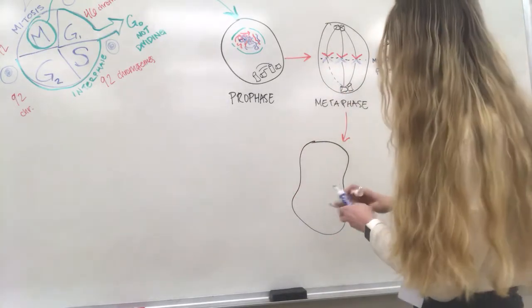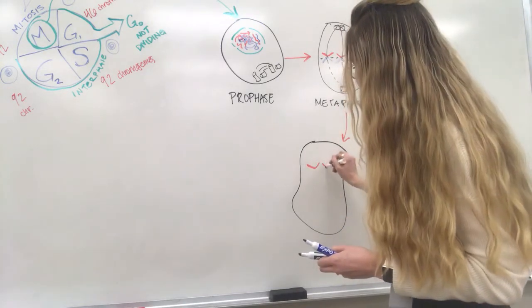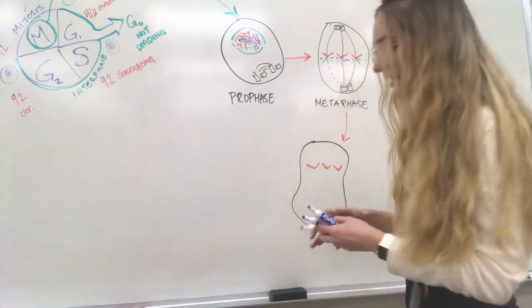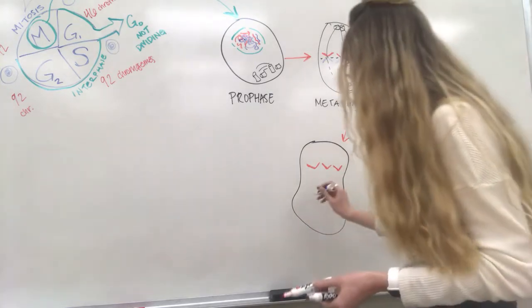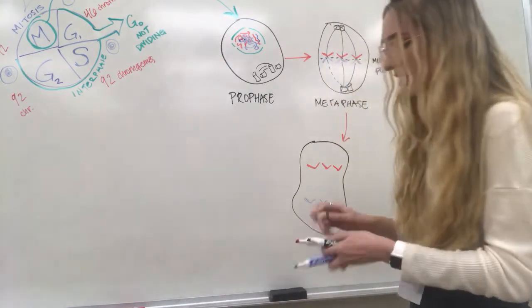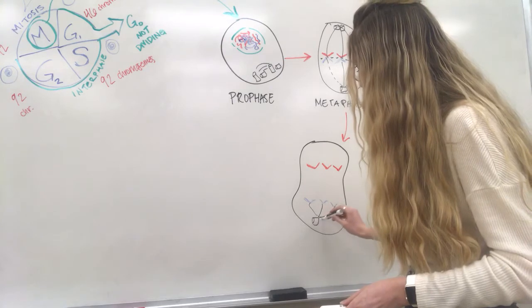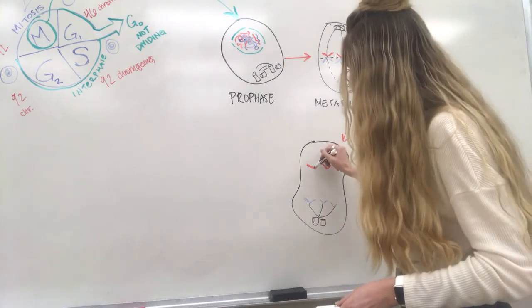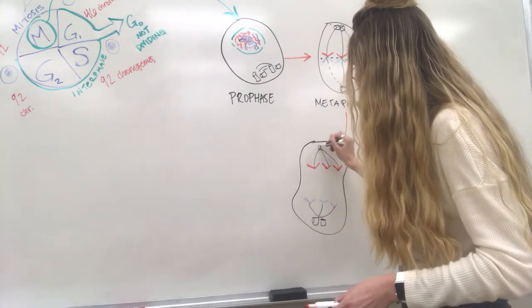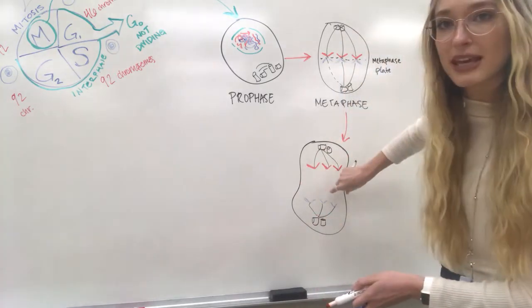So it looks like this side of the cell is going to get the red copy of the DNA. This side of the cell will get the blue copy of the DNA. The spindle fibers are shortening. And we can tell the cell is starting to pinch in.